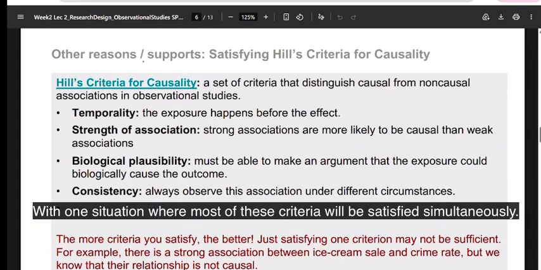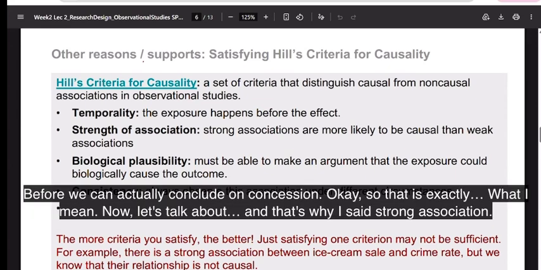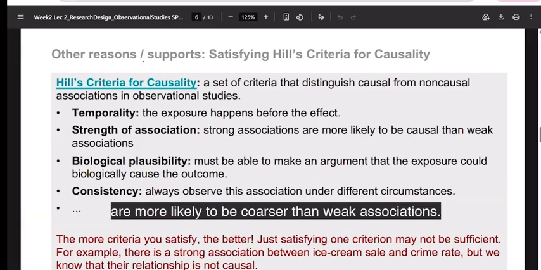We want a situation where most of these criteria are satisfied simultaneously before we can conclude on causation. So that is exactly what I mean. And that's why I said strong associations are more likely to be causal than weak associations.